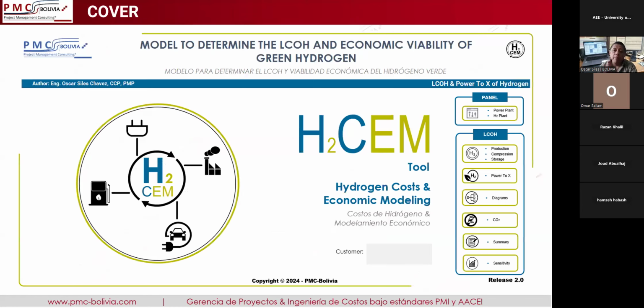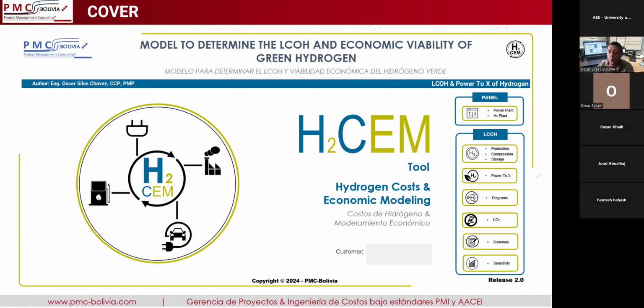This is the main panel of my model. The H2CEM model is focused on determining the cost of production plus compression plus storage of green hydrogen, plus the economic viability of the project.